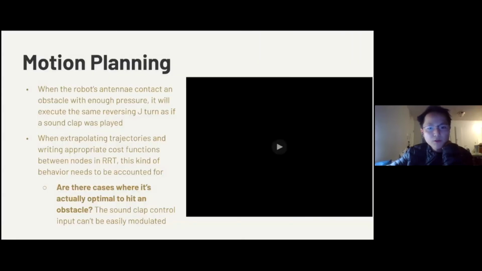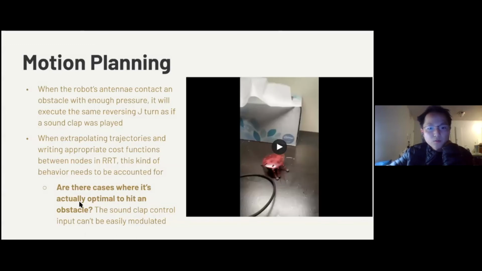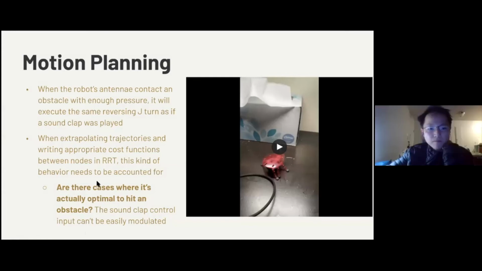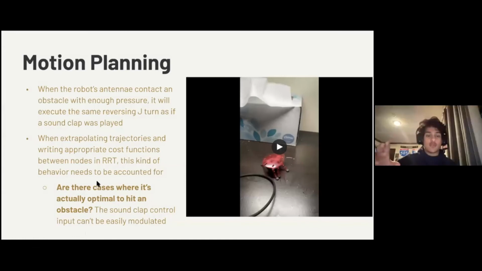Then we will look at motion planning. So when the robot's antenna hits an obstacle, as shown before, the hexbug will execute the same reversing J-turn as if the sound clap was played.